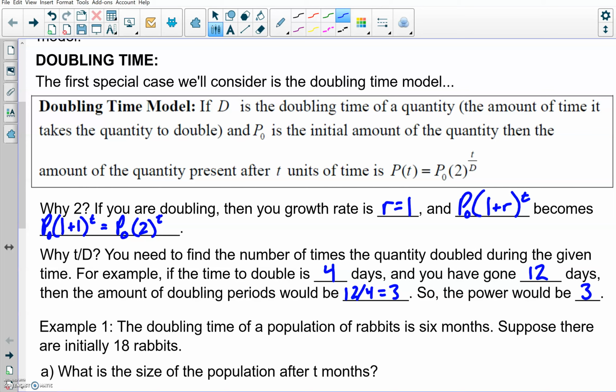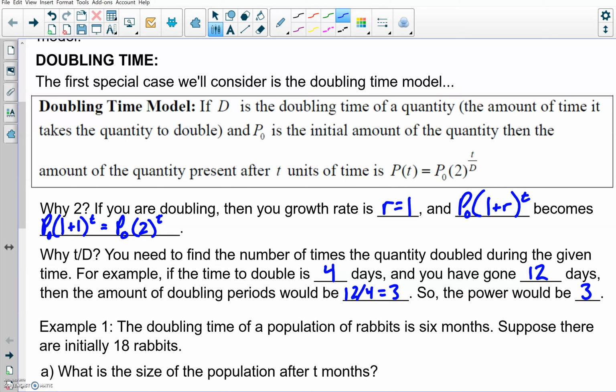And that's very important because this formula with the 2 in there is saying, hey, we're going to double, we're going to multiply it by 2. And if you just plugged in 12, then it would act and give you a result that was basically indicating that you had doubled 12 times.